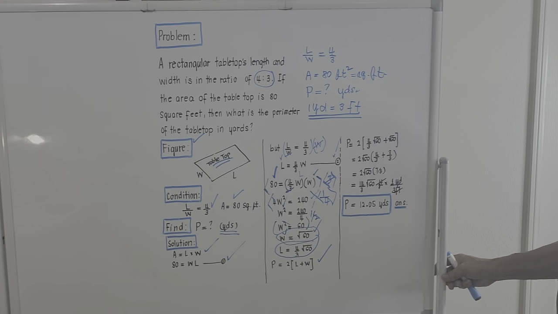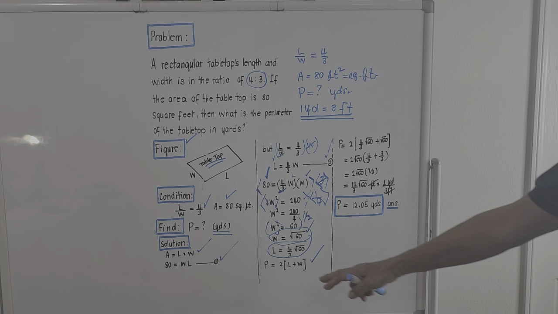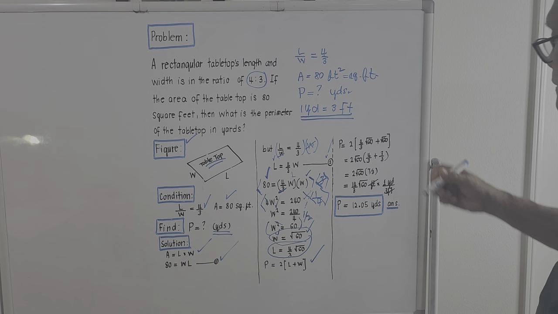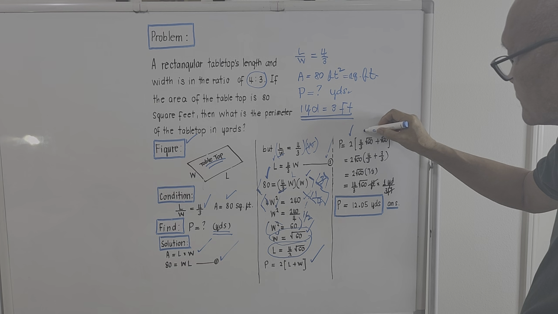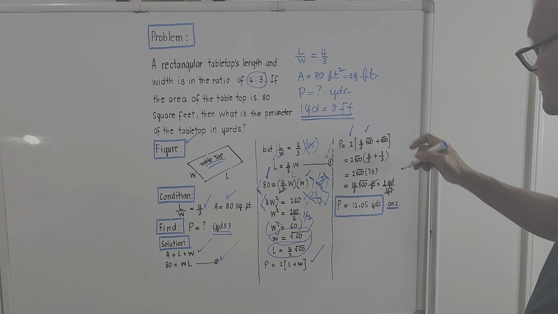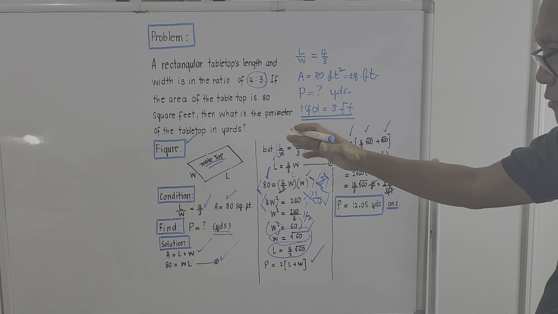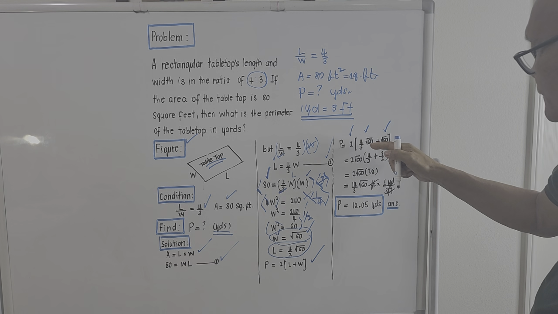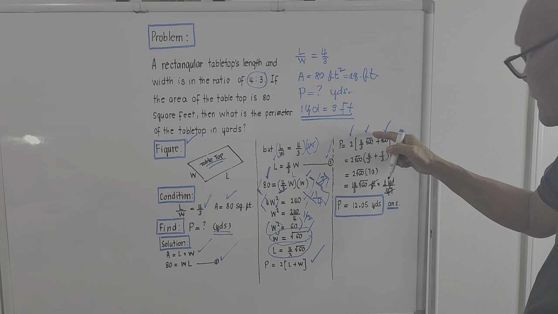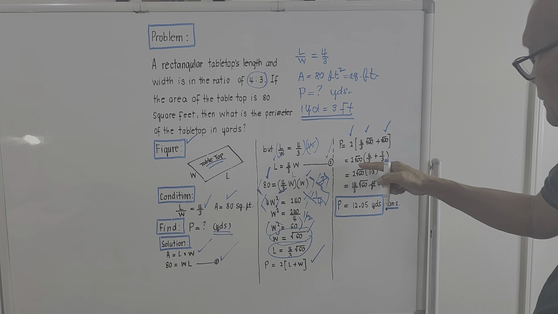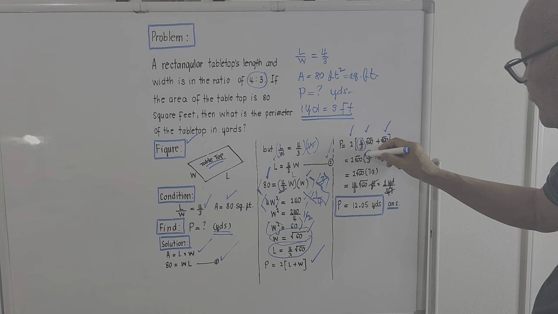Okay. So substituting values now, we are following this equation. Perimeter now will be twice the length, which is actually 4/3 square root of 60, plus twice W, which is the square root of 60. Again, we simplify by using algebra. Common factor is the square root of 60. So this is 2, and we bring out the square root of 60, the common factor. What remains in the first one will simply be 4/3.